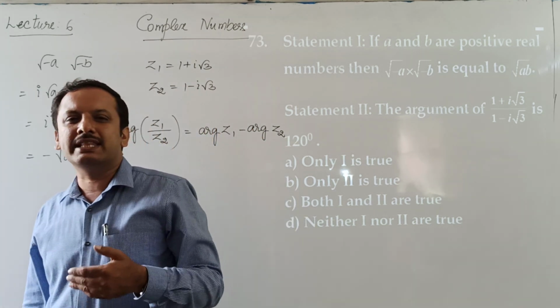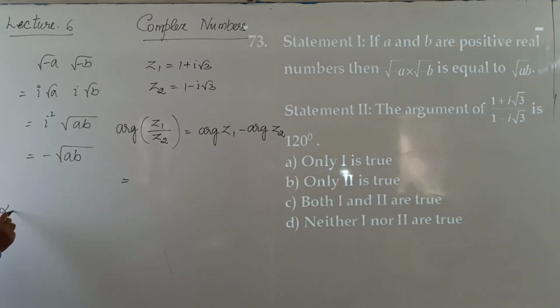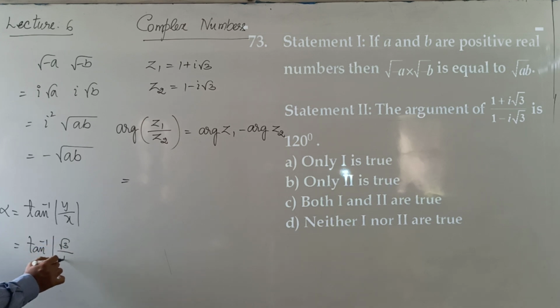In the first quadrant, theta is equal to alpha. What is alpha? You know the formula: alpha is equal to tan inverse of modulus of y by x, which is tan inverse of root 3 by 1. Tan inverse of root 3 is pi by 3. Alpha is equal to theta here, so theta is equal to pi by 3.